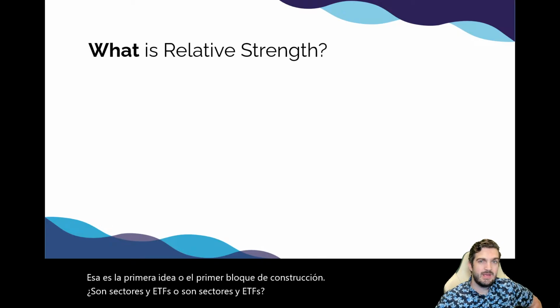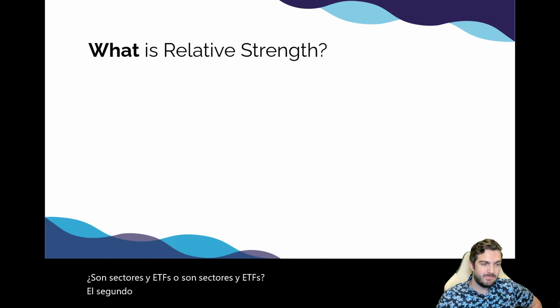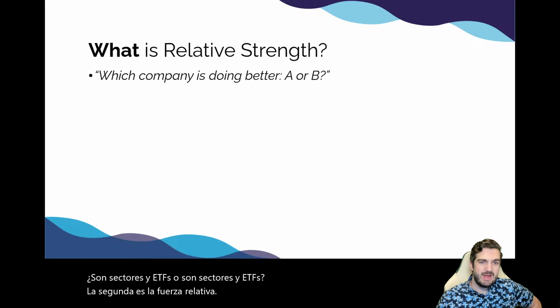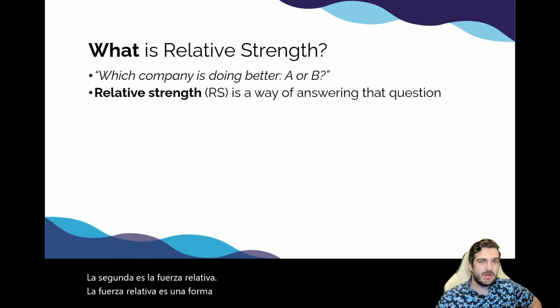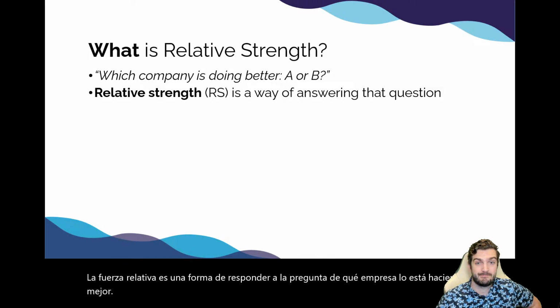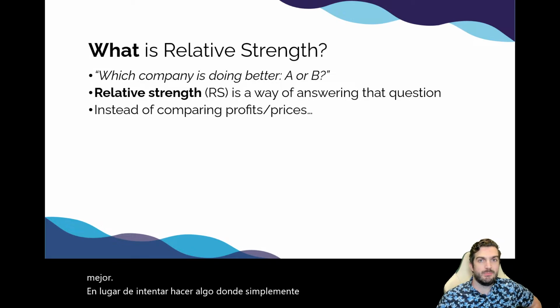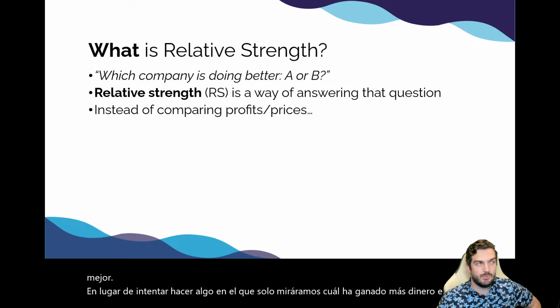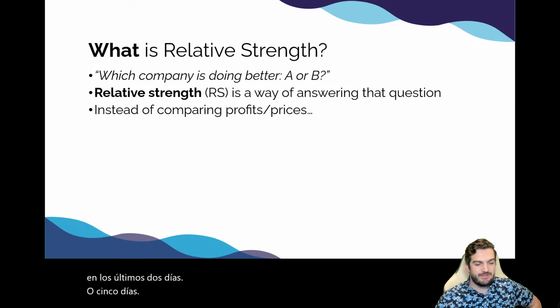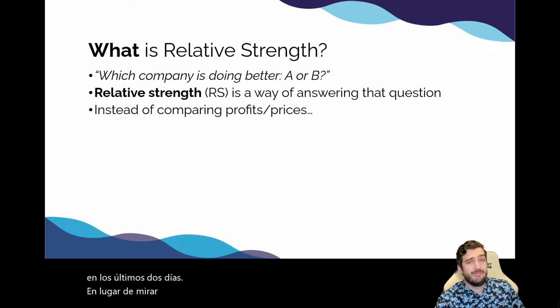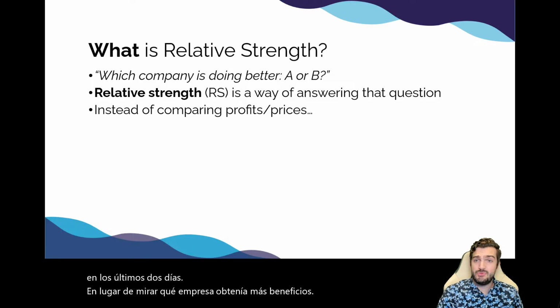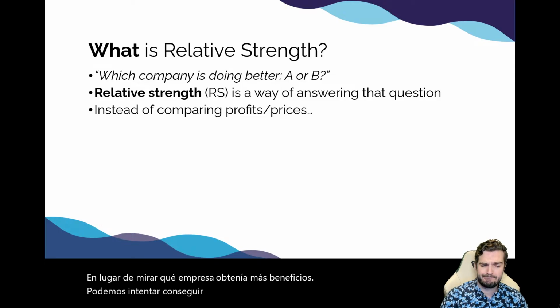The second one is relative strength. Relative strength is a way of answering the question, which company is doing better, A or B? Instead of trying to do something where we just look to see which one has made more money in the past 2 days or 5 days, instead of looking at which company made more profit, we can try and get a little bit more accurate information.